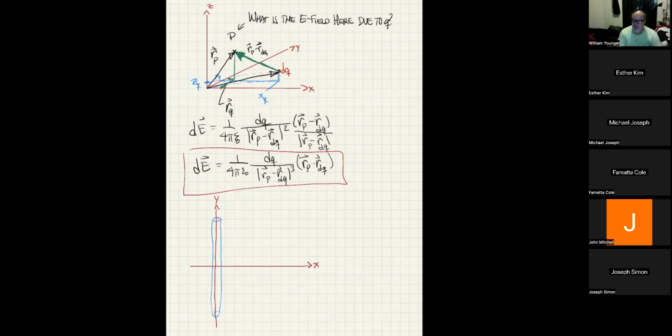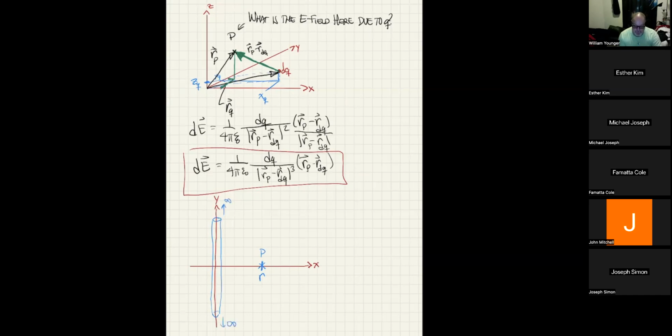So if we had a 1,000-meter long wire and we were 1 centimeter from it, we consider that really plenty good for infinitely long. Now I'm going to say out here is the point P, and it's a distance r out along the y-axis. So that distance is r. It's a fixed quantity. But I want to remind everybody that this goes on for infinity that way and for infinity that way.